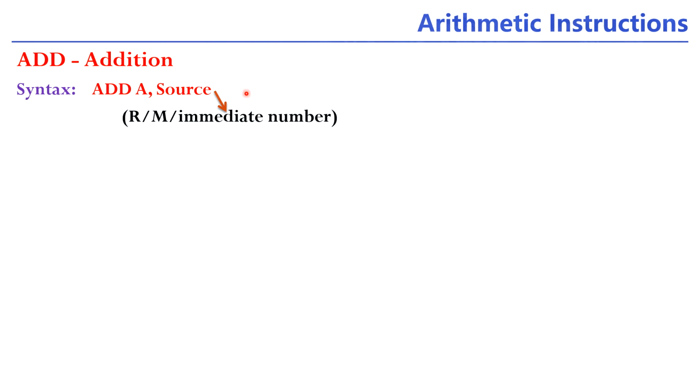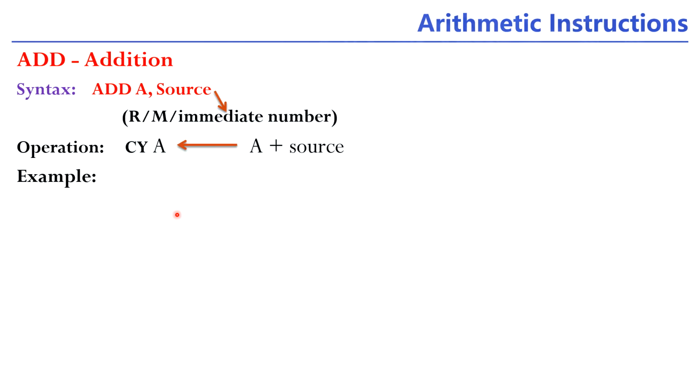This source is nothing but we can use here a register, memory, or an immediate number. Next thing, the operation of this ADD instruction: A gets A plus source, with carry. Remember, right? A, that is the accumulator, plus source. This is the operation of this addition instruction.